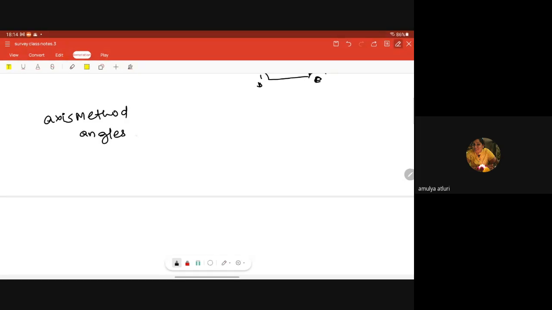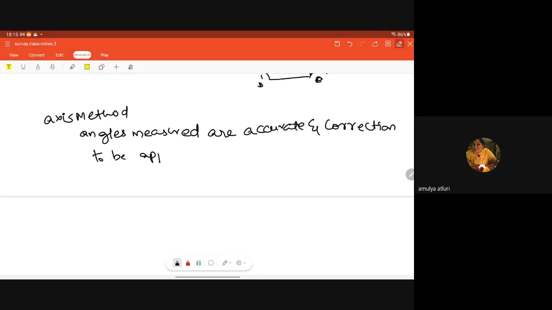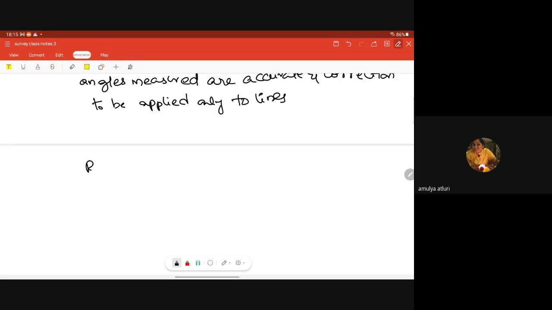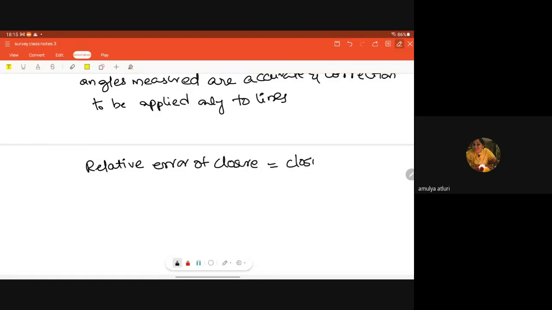Angles measured are accurate and correction to be applied only to lines. Then relative error of closure is nothing but closing error by perimeter.